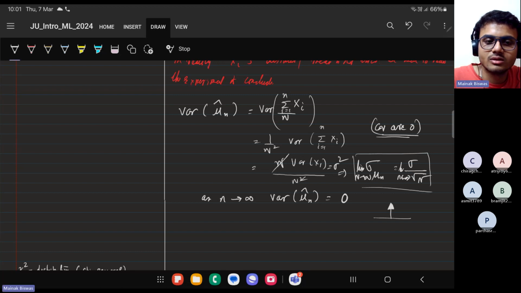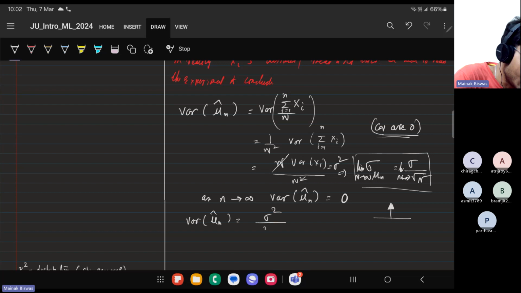Variance of mu n is sigma squared by n. As n tends to infinity, the variance goes to 0, right? Instead of asking so many times, let me do it.